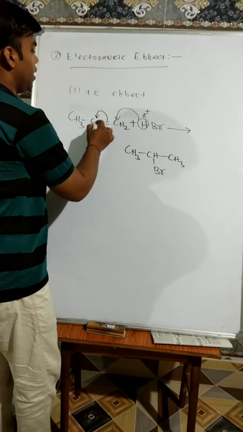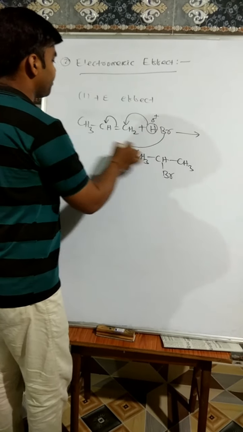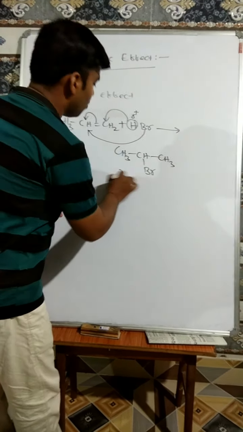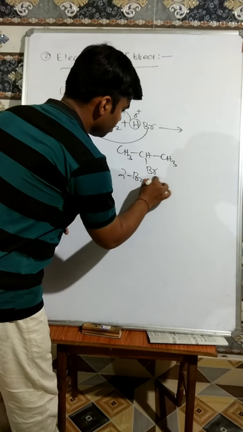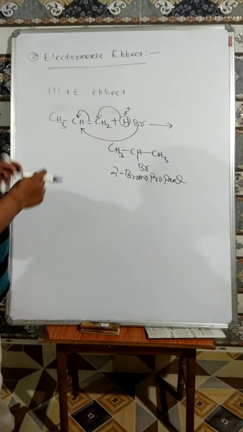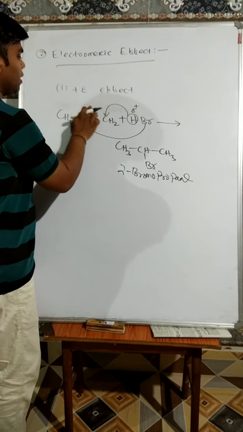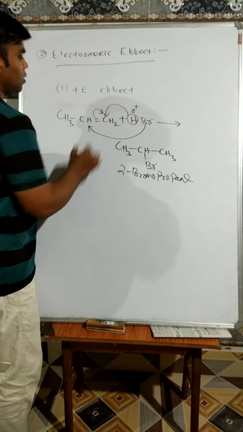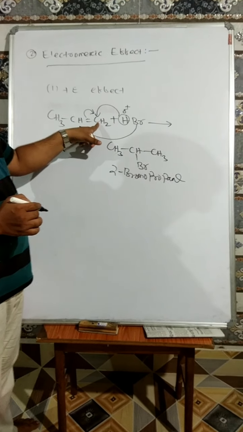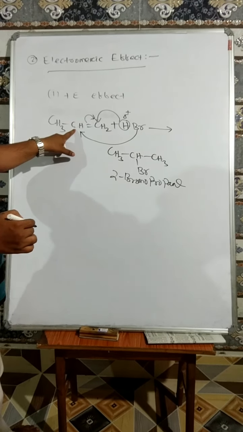Here the attack takes place by the H plus electrophile first, by which this pi electron is displaced, and the carbon atom takes the bromide ion. By this way, we get the product 2-bromopropane. The H plus ion, the electrophile, first attaches at this carbon center, and the bromide ion attaches to the middle carbon.